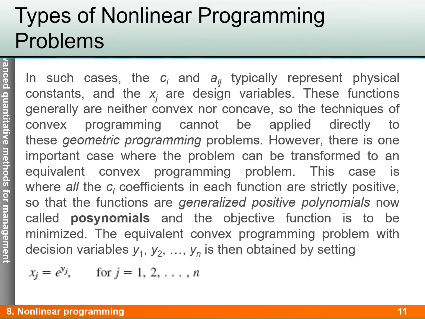We only need to substitute xj with e raised to yj, and the problem will be converted to a convex programming problem and should be solved with the other solutions that we learned before.